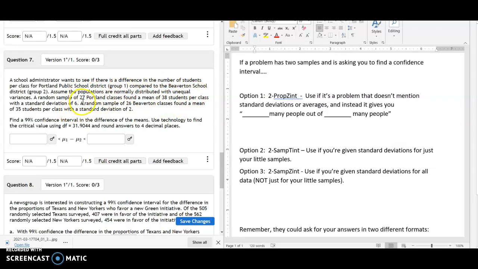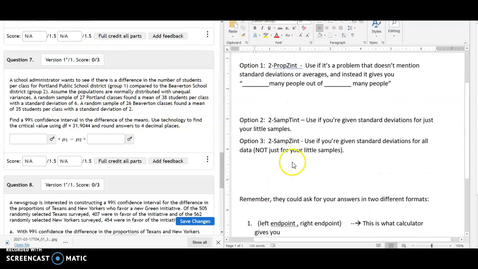This problem looks very different than question 2, which just said I have this many people out of this many people, period. But here, it's saying I have this many classes, and I have this average and this standard deviation. That's how you know you're looking at either a 2 samp t or a 2 samp z interval.